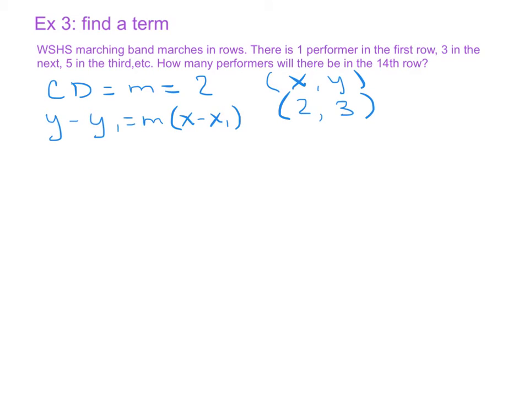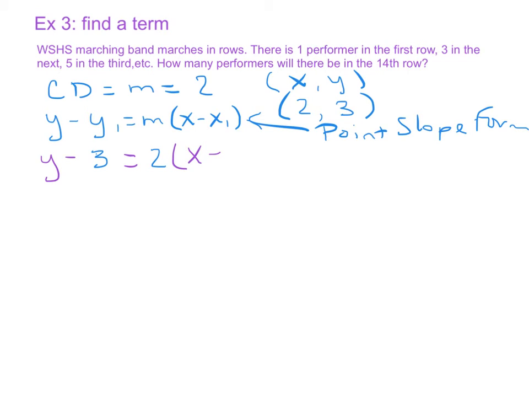So that's what we call point slope form. And let's substitute what we have here. We have y minus y sub 1, which is 3, equals my slope of 2, times x minus x sub 1 of 2. And then when we do the math, we end up with y minus 3 equals 2x minus 4.